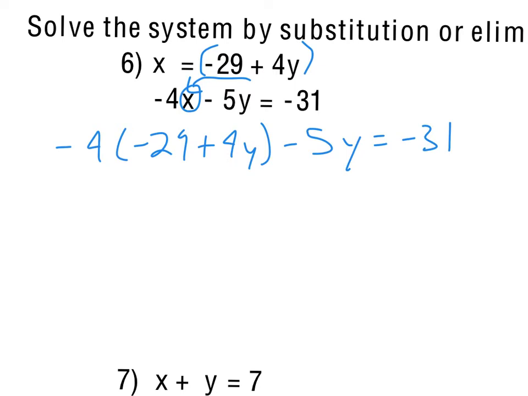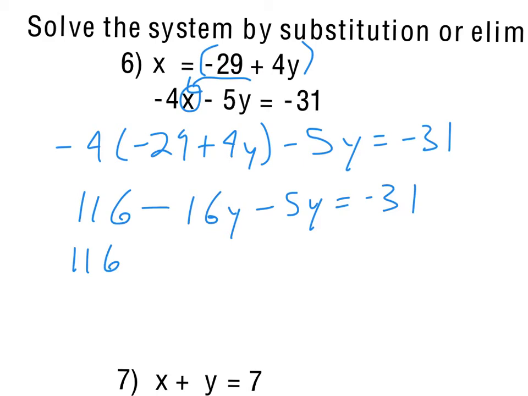So we distribute our negative 4, we get 116 minus 16y minus 5y equals negative 31. We can combine our y's. So we get 116 minus 21y equals negative 31.